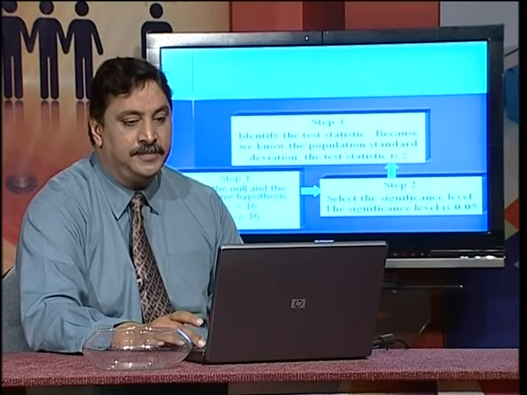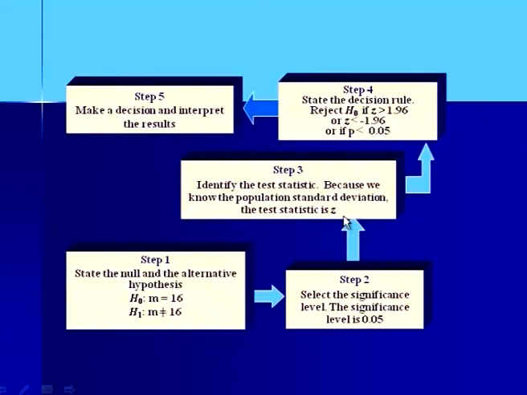And also our sample size is greater than the usual condition of 30. State the decision rule in step 4. This is a two-tailed test, so we make our critical region between 1.96 and minus 1.96 with the help of the normal distribution table. And in step 5, we make the decision.